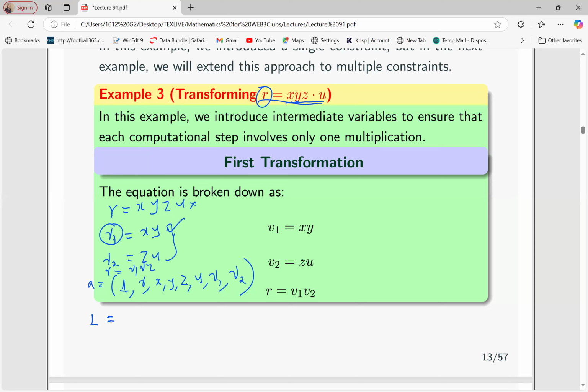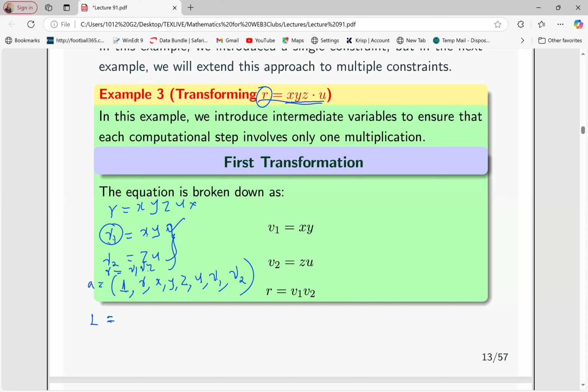So we now have 3 rows. The first row is the first intermediate value V1, which is X times Y, then V2, which is Z times U, then R, which has now been written as V1 times V2. So our L must have 3 rows.